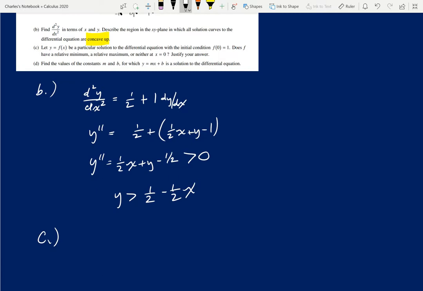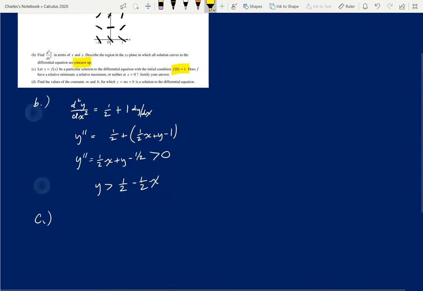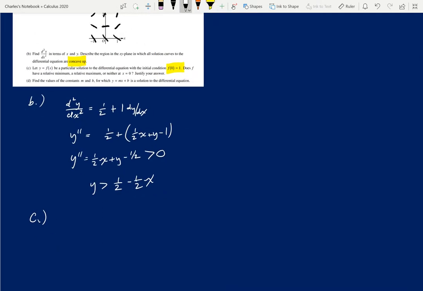For part C, it says let f of x be a particular solution to the differential equation with the initial condition f of 0 is equal to 1. Does f have a relative minimum, a relative maximum, or neither at x equals 0? First thing I need to check is what is the derivative at x equals 0, or at the point (0, 1)?